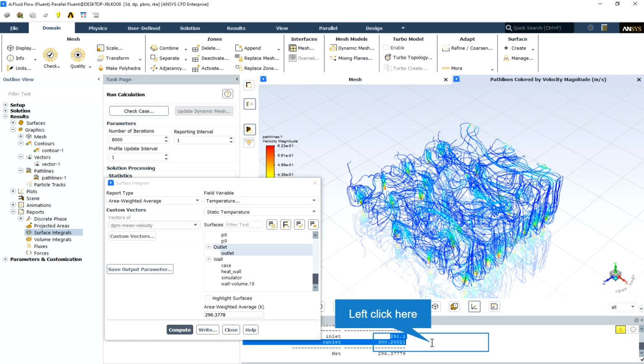And also the outlet temperature reaches more than 300 degrees Kelvin. That shows about a 9 degree increase in temperature because of the heat sources of computers, simulators, and also the heat wall.